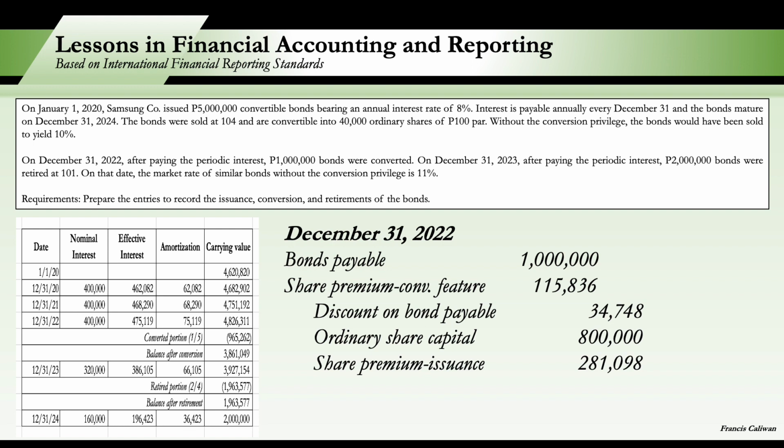So again, what's our shortcut for that? So the carrying value of the bonds is 965,262 plus the share premium conversion feature, which is 115,836, less the credit to ordinary share capital at par of 100,000, which is 800,000. So our share premium is 281,098.